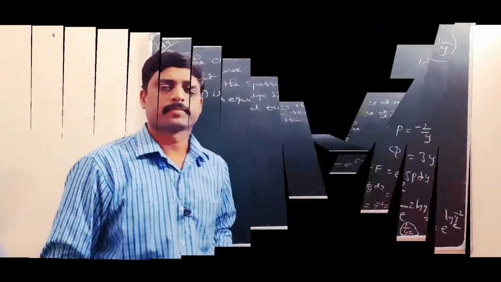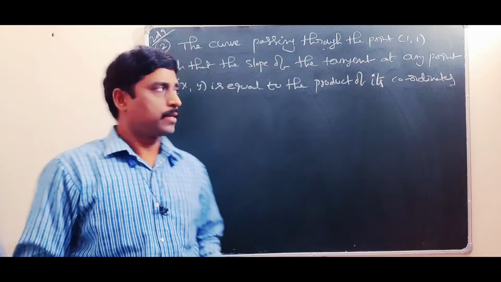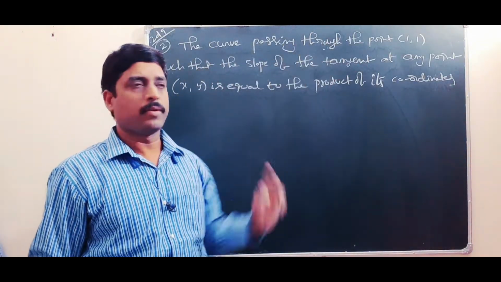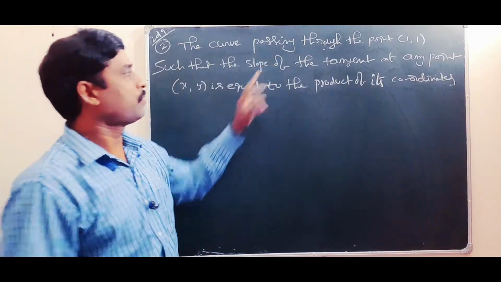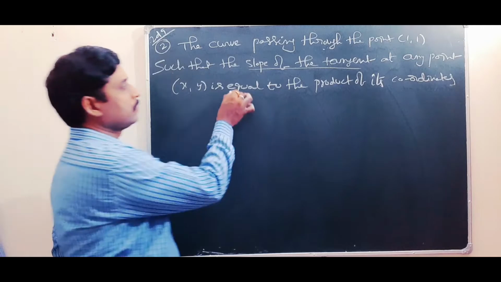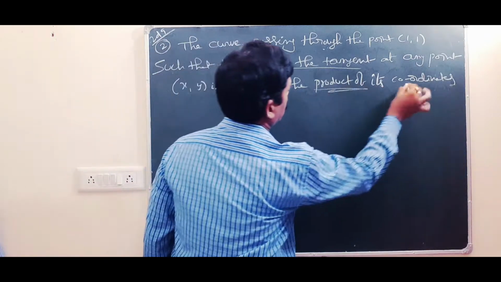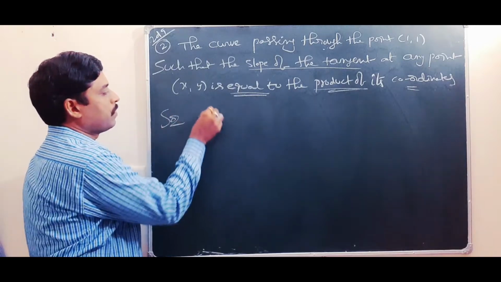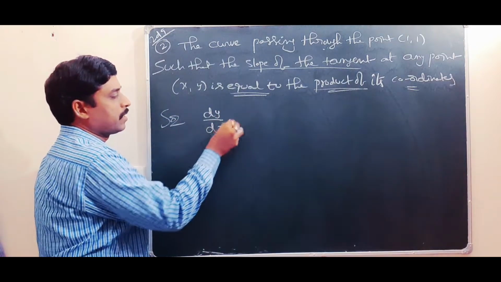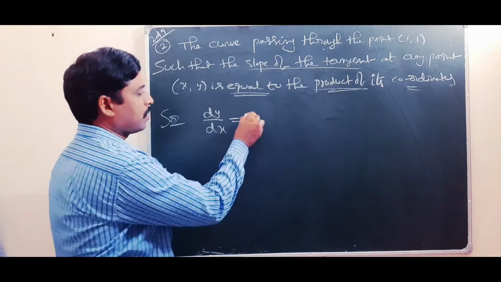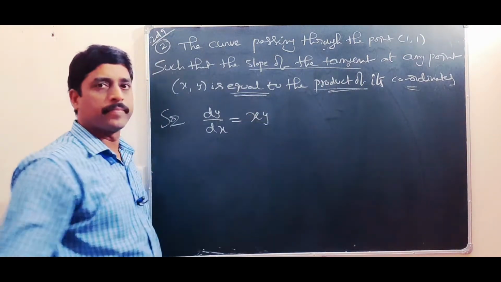Okay, look at the next question. This is from 2019. The curve passing through the point (1, 1) is such that the slope of the tangent at any point (x, y) is equal to the product of its coordinates. So what is given? Slope of tangent dy by dx equals the product of its coordinates, which is xy.